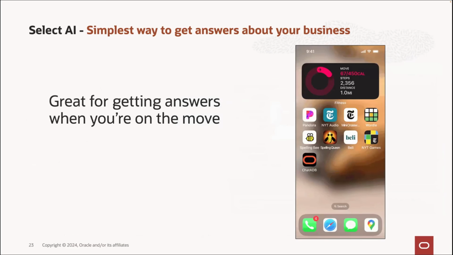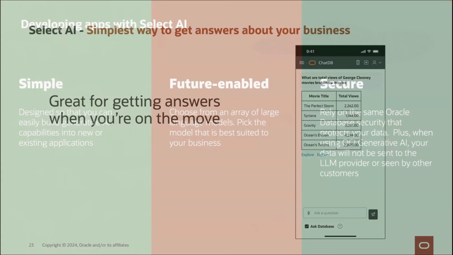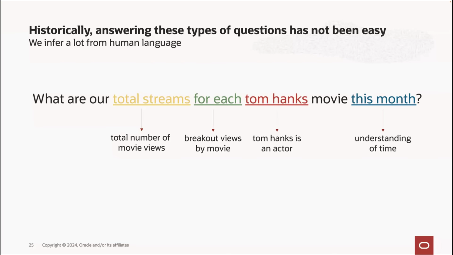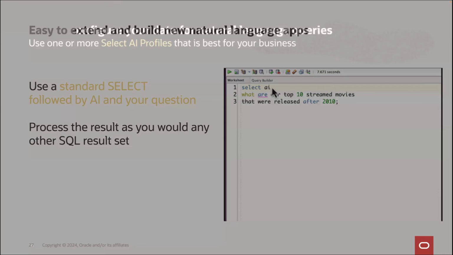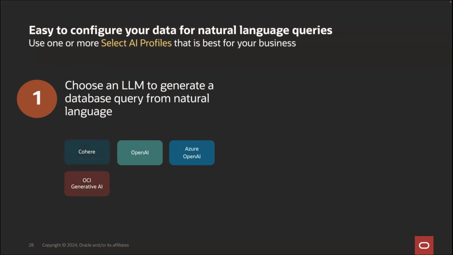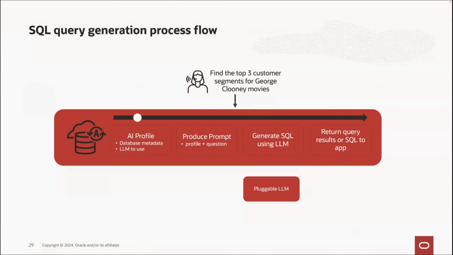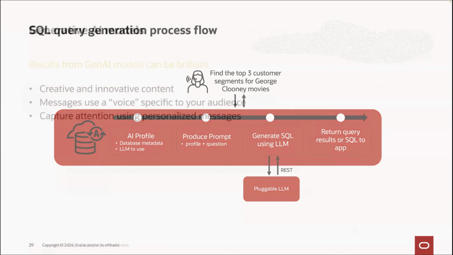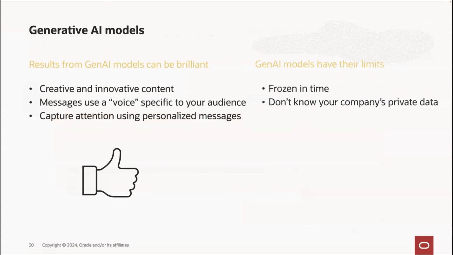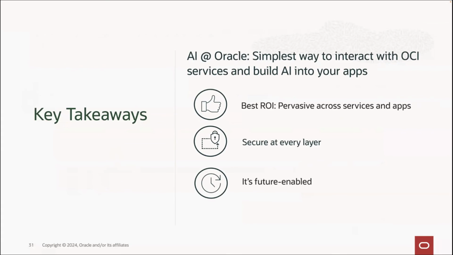So let me go back to the final slide, and let's consider the big picture, what we just covered. Select AI, also the observability and management GenAI-based services. And I wanted to tell you this. AI at Oracle is something really big right now. We're working on multiple services. Right now, it is the simplest way to interact with OCI services.